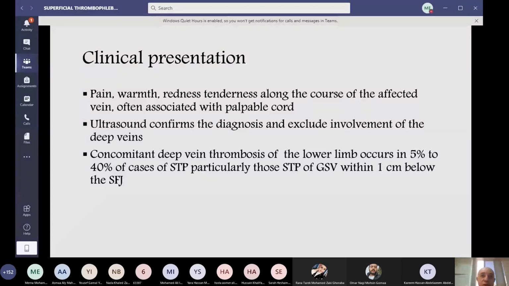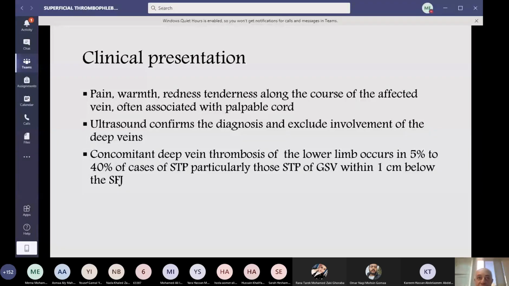So, although the clinical picture is obvious, we should offer the patient ultrasound confirmation, I mean duplex ultrasound, in order to exclude the presence of deep vein involvement. Concomitant deep vein thrombosis of the lower limb occurs in 5% to 40% of cases of superficial thrombophlebitis.